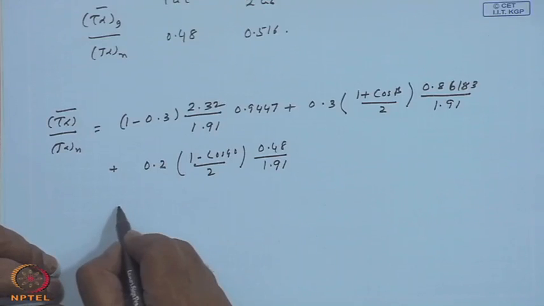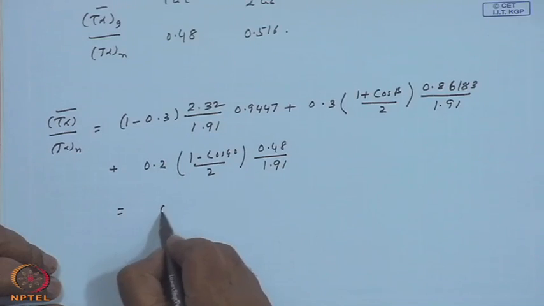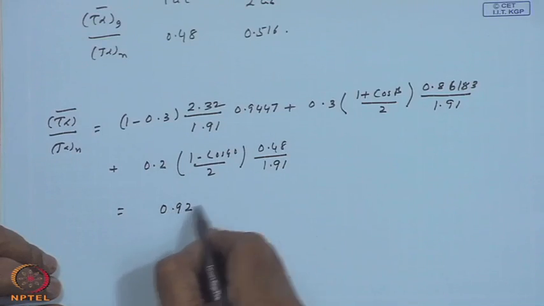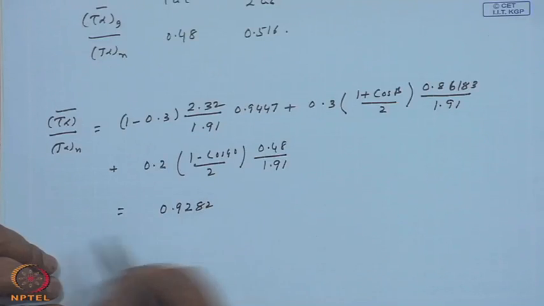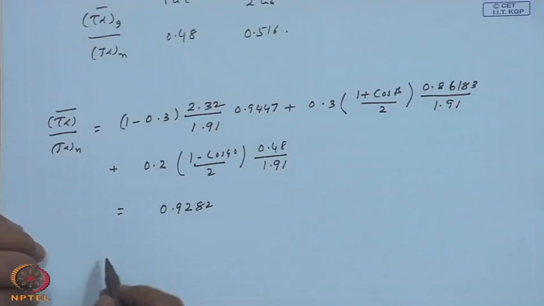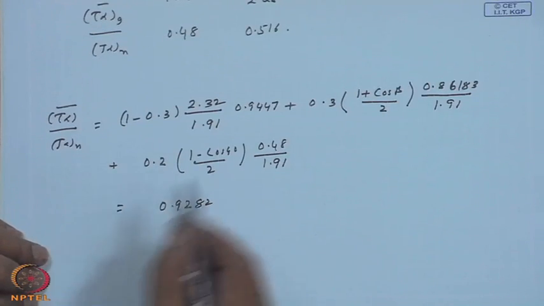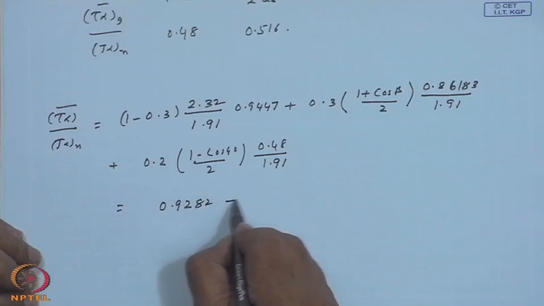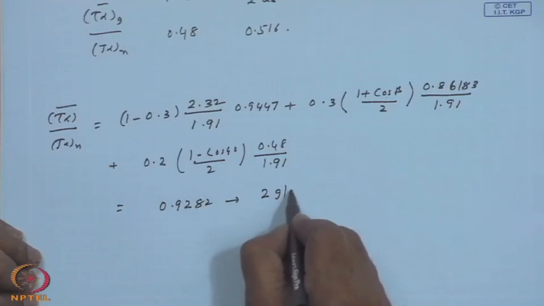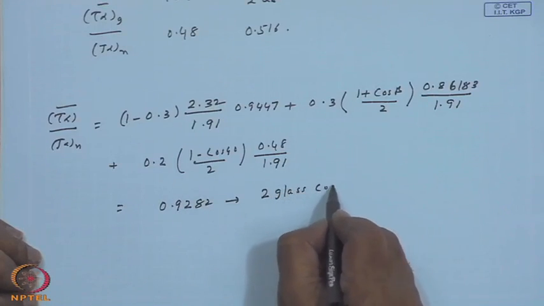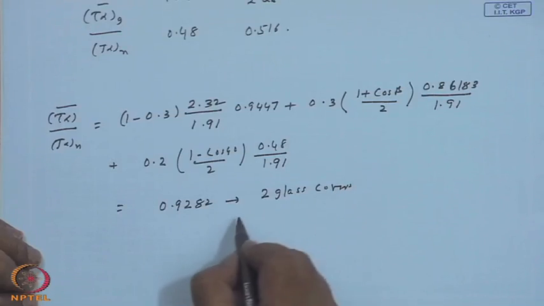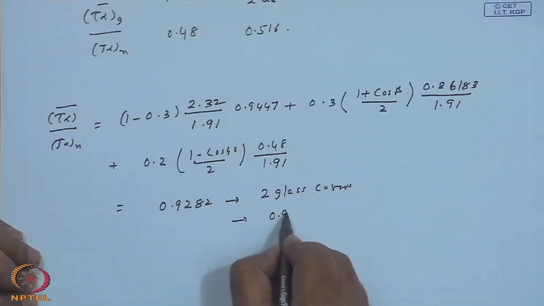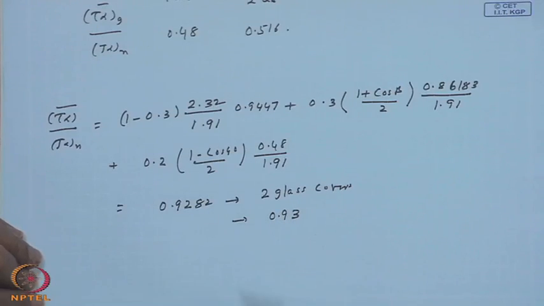If you do this, you will get 0.9282. This is for 2 glass covers. So, this is about 0.93, which is given as 0.94. That small difference may be due to the theta b bar.